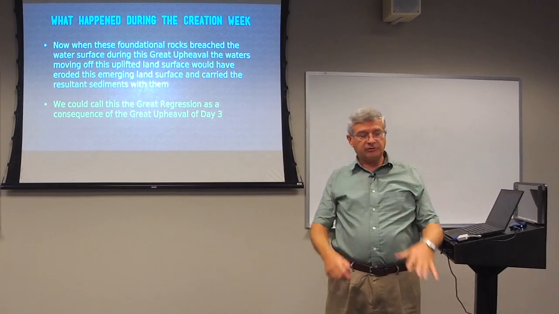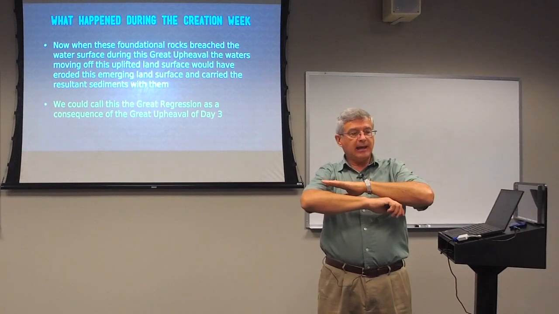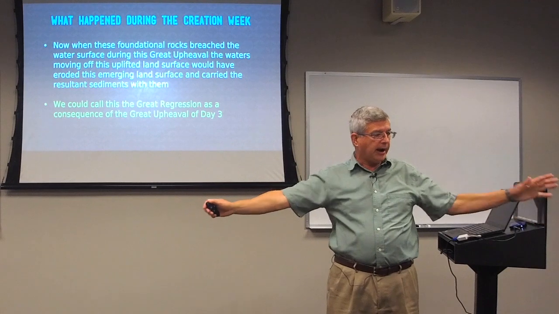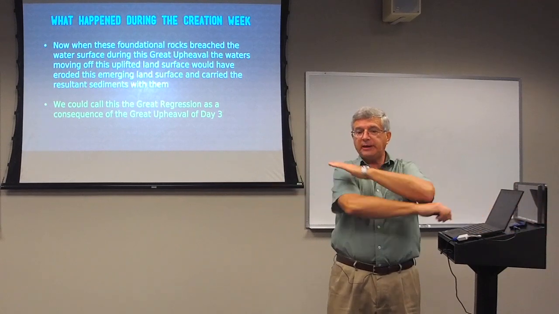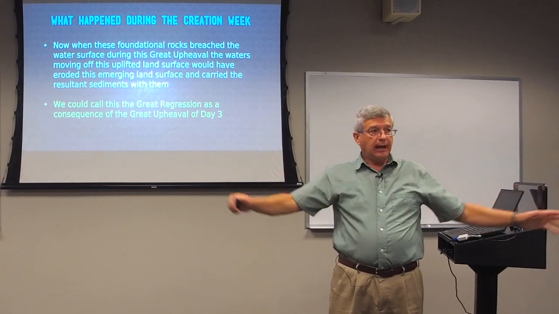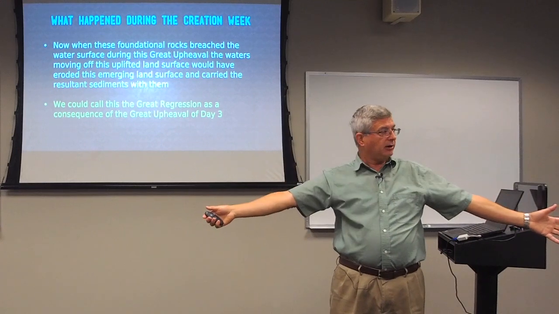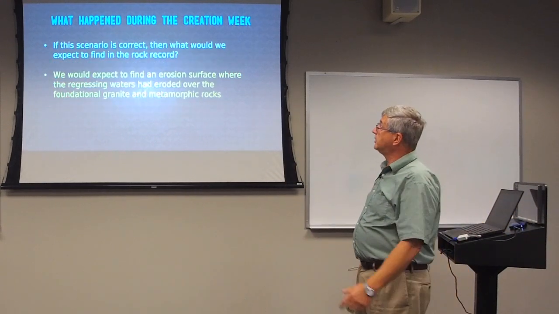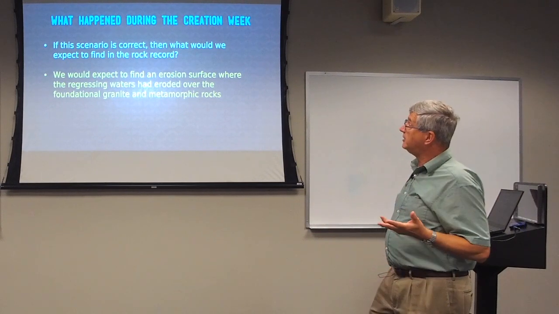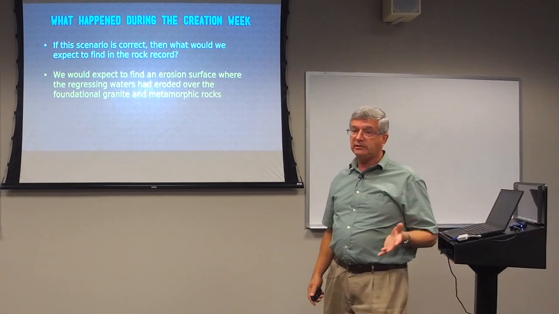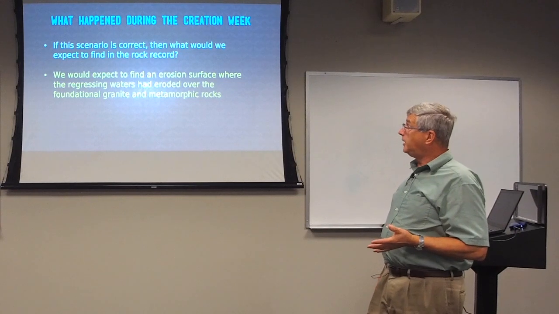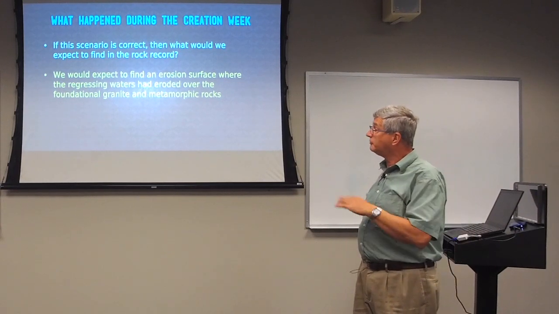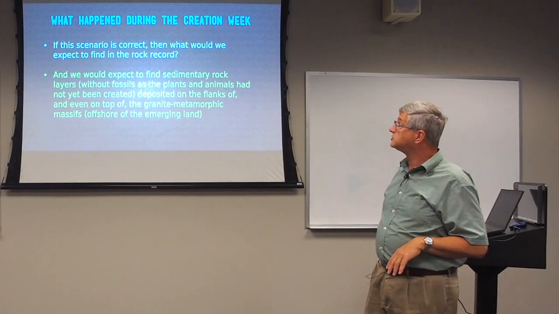So we could expect that any basement rocks, crystalline basement rocks from day 1 or early day 3, would have been eroded off, and some sediments would be laid on top of them as a result of this Great Regression. And so if this scenario is correct, then what would we expect to find in the rock record? We'd expect to find an erosion surface where the regressing waters had eroded over the foundational granite and metamorphic rocks.